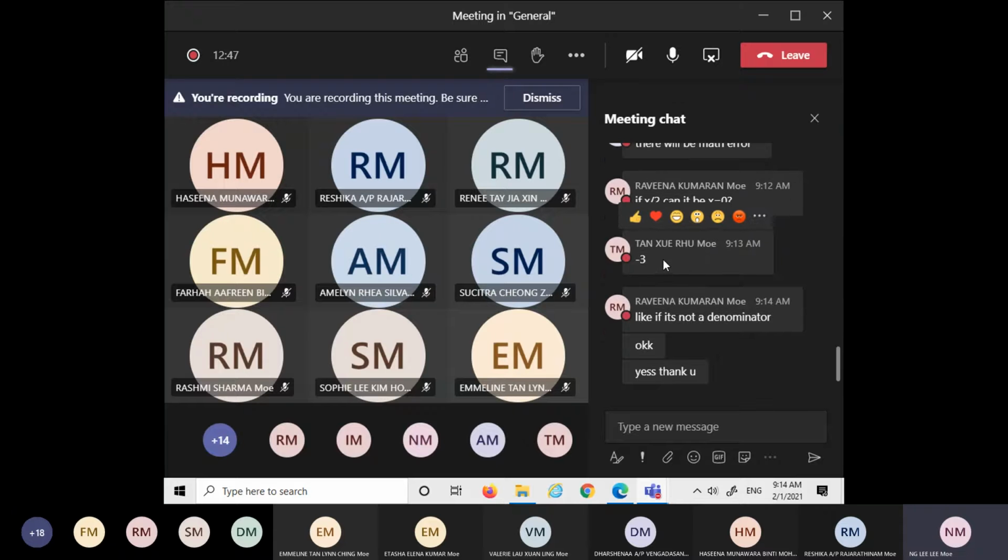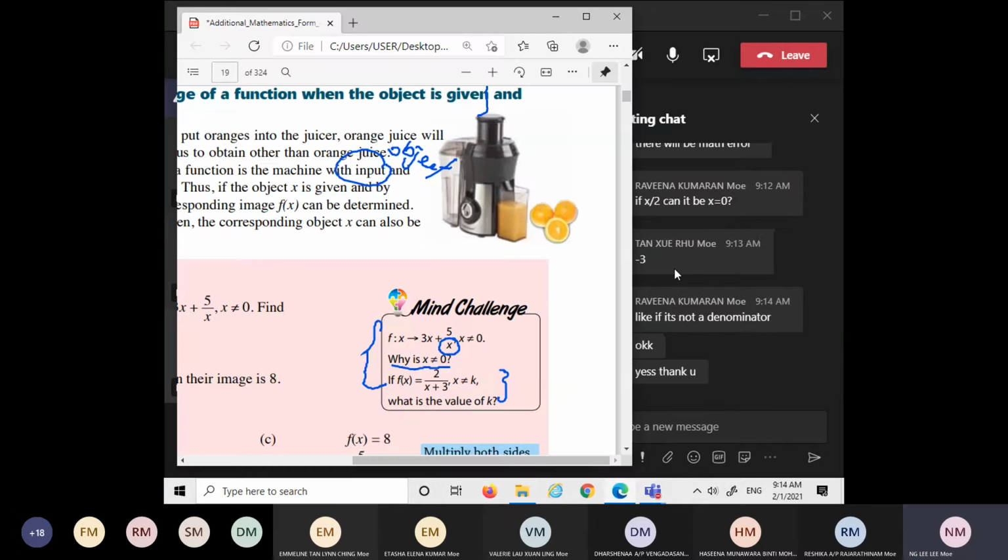So how does Sheru get -3? I don't know whether others get -3 or not. First of all, you need to set the whole denominator cannot be 0. So x plus 3 cannot be 0. The whole of the denominator cannot be 0.